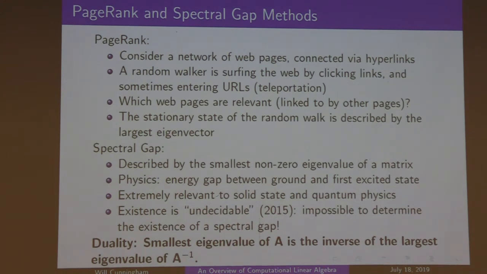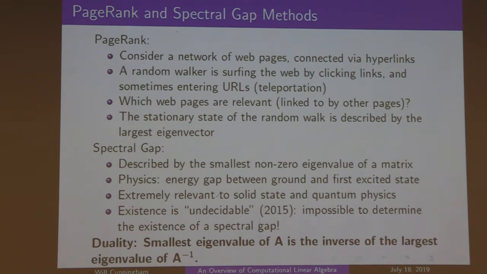So now for PageRank and spectral gap methods, these are 2 problems which are sort of dual to each other, so I chose to include them together on the same page here. For PageRank, this is something that was developed by the founders of Google probably 20 years ago. And the idea is if you have a network of web pages connected via hyperlinks, how do you tell which ones are the most important?